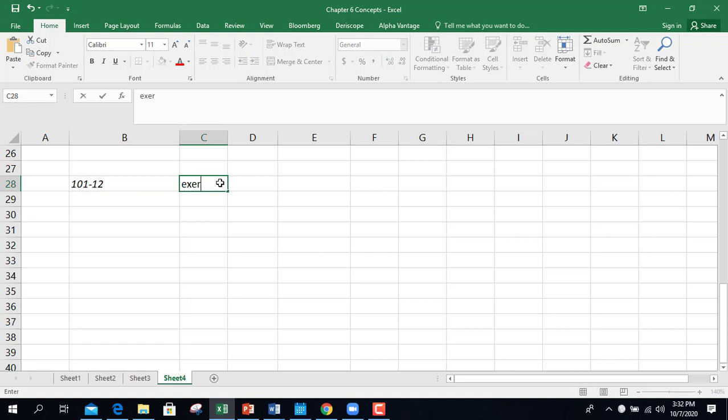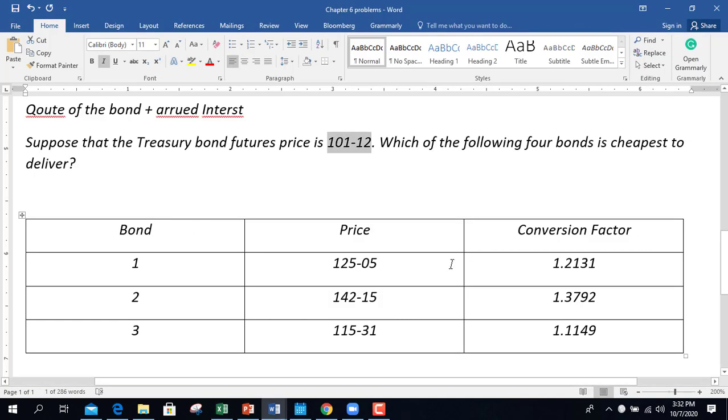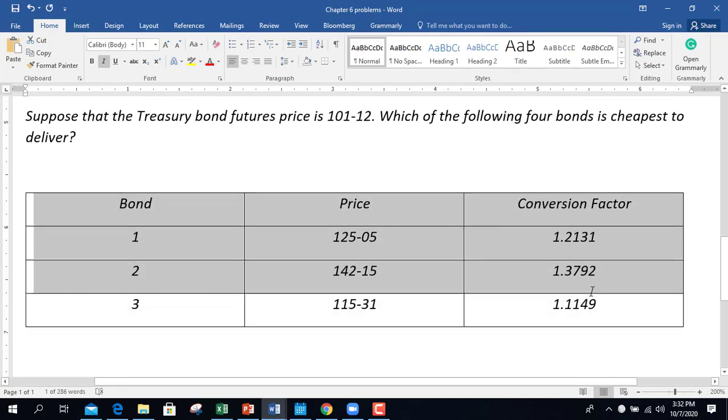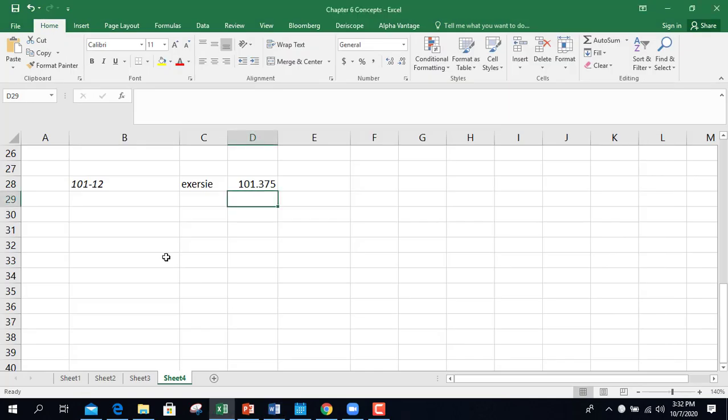This is the exercise price. So let's convert that exercise price to normal quotes. 101 plus 12 by 32. So exercise price is 101.375.